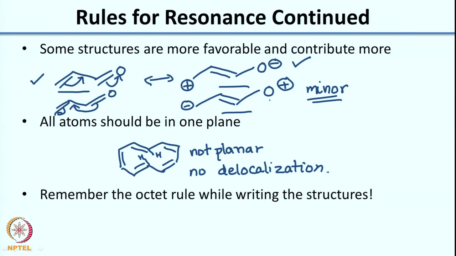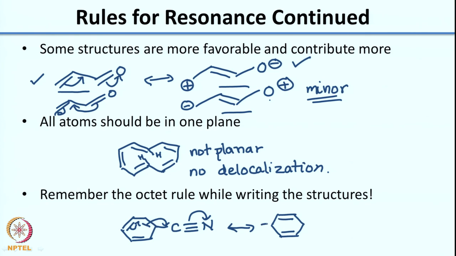Alright. And of course, whenever you write all these structures, you have to remember the octet rule. For example, if I were to write the structure, so if I were to write the resonance structure of this, one plausible resonance structure could be, again, because we are moving from this center, I generate a positive charge here.